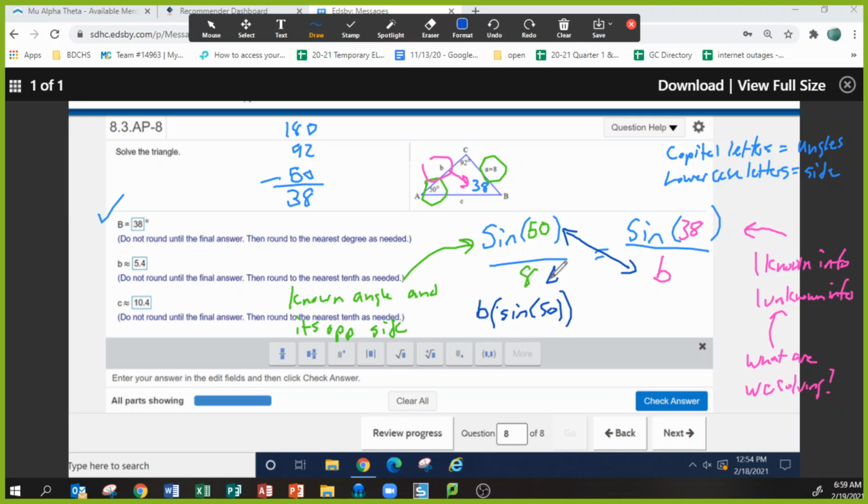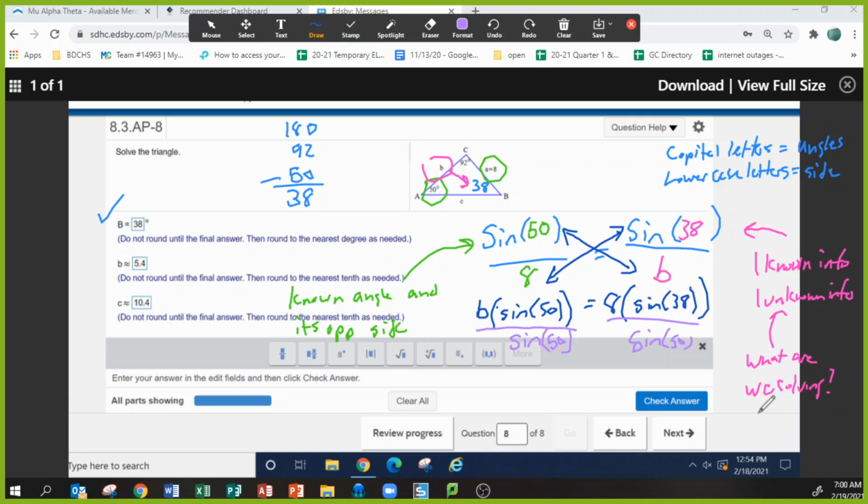And now I'm going to cross multiply on this side, and this is going to give me 8 times whatever the number is for the sine of 38. Now I want b isolated, so I'm going to divide by sine of 50. Again, I take the whole argument with me because sine of 50 is the number that we're dividing by.